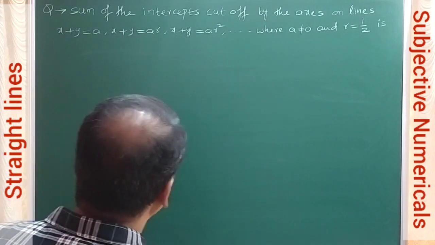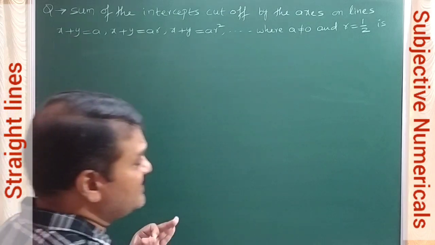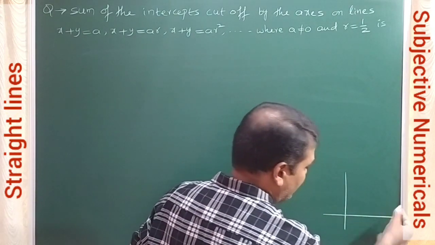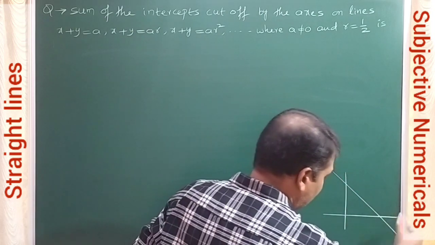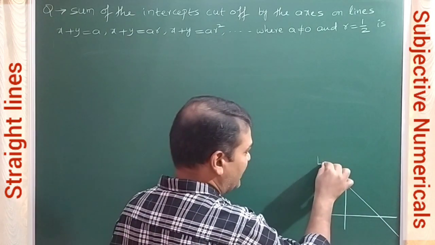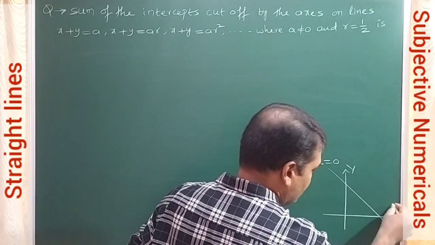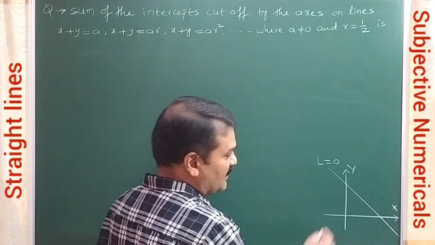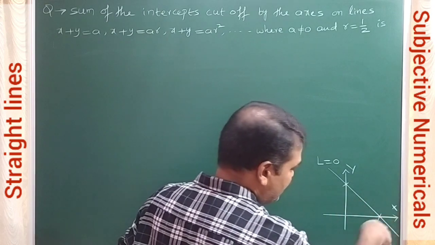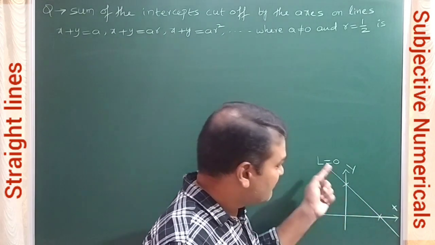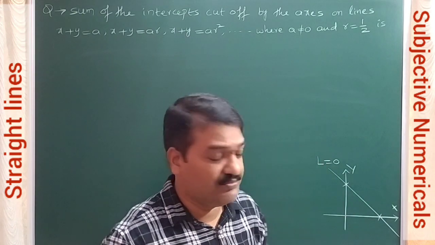For example, what is the intercept form of equation of a straight line? So I will draw here. For example, this is the line L is equal to 0. This will be the intercept cut off between the axis for the line L is equal to 0.